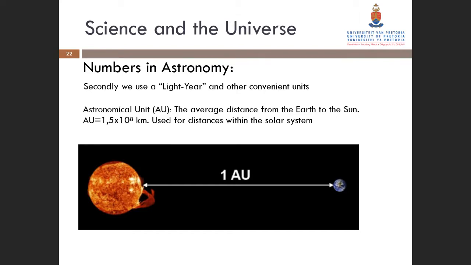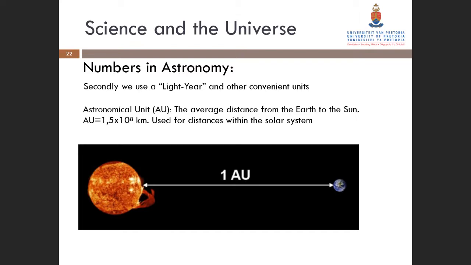It doesn't help that we speak about it being 150 million kilometers away, because that is very far. So if you think about the distance from the Sun to Mars, that's roughly 225 million kilometers, so 1.5 AU.